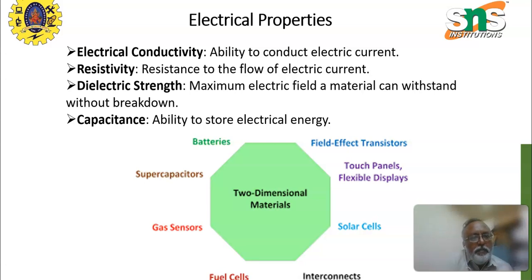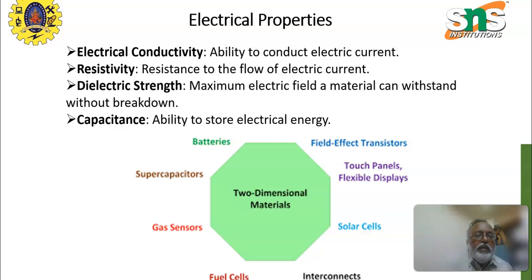Resistivity is the property which is the resistance to the flow of electric current. Few of the materials are not permitting electricity to pass through, and few of the materials are permitting electricity to pass through, depending upon the applications.